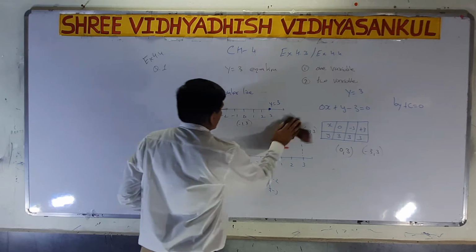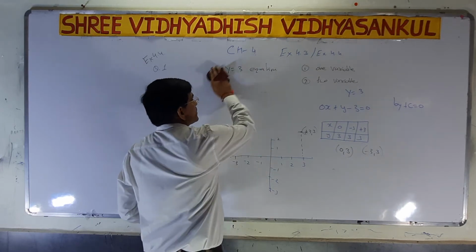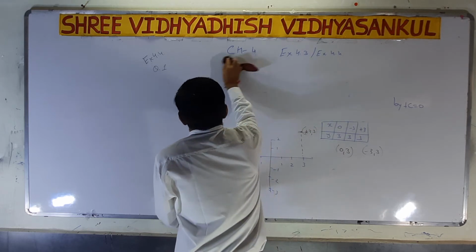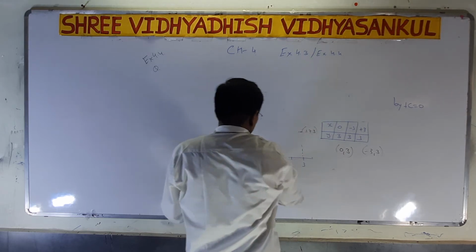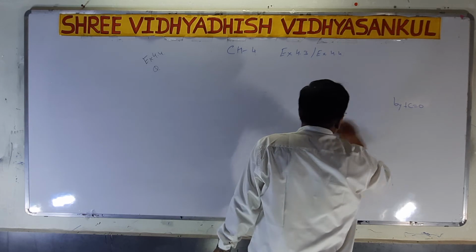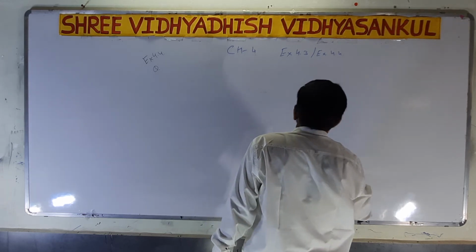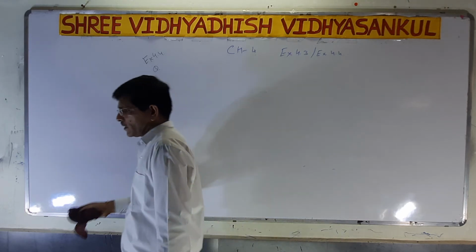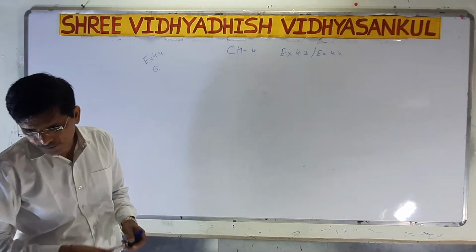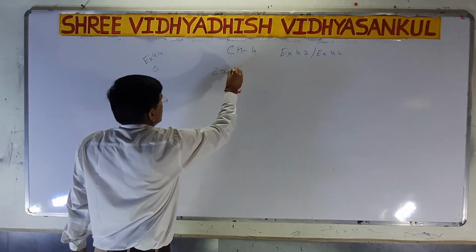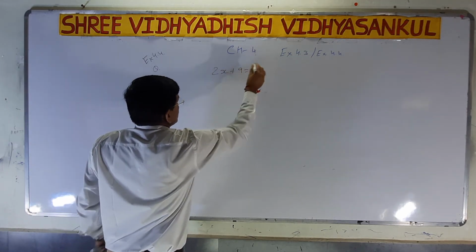Now we go to question number 2. Again the same type of question. So now you have understood how we can do this question. First and second are both the same type, just the values are different. Now in question number 2 it is in the form of 2x plus 9 is equal to 0.